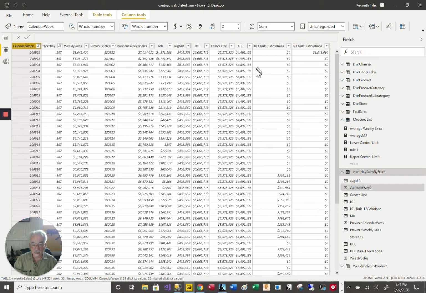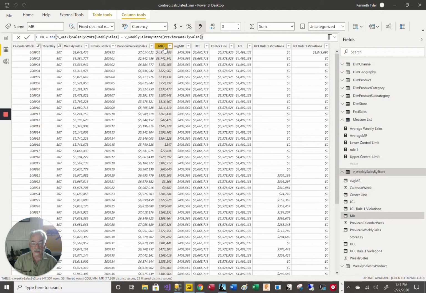You can see that I've written some measures and I've added some columns here. We have here the moving range, which is the difference between this week's sales and the previous week's sales. And then for this store, we have the average moving range. The center line of a XmR chart is an average of the weekly sales.